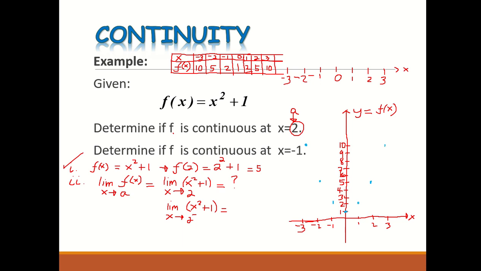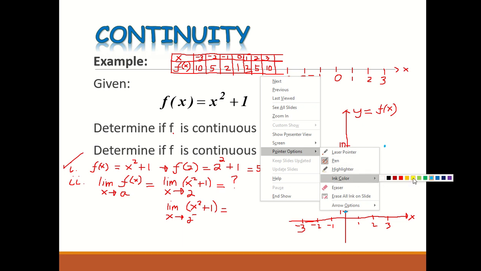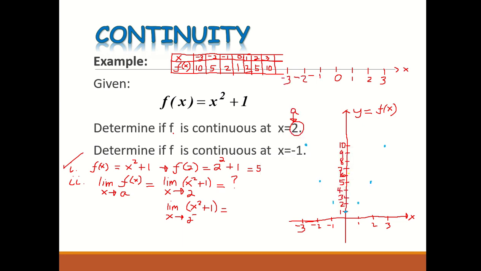Now we know that to graph or to sketch the graph, we need to simply connect the points, right? So just connect the points. So connecting the points, we will have this graph. So from this point, draw it down, connecting the points.